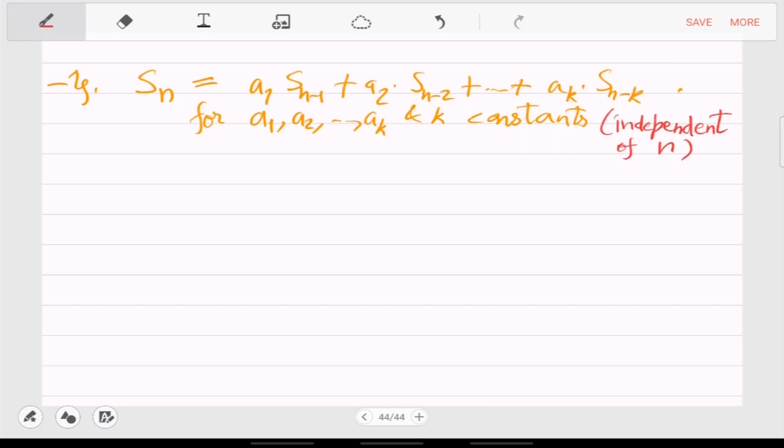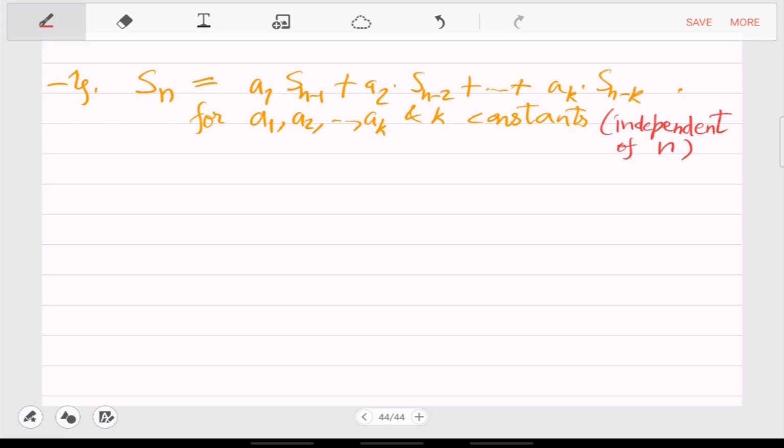For constant, there has to be a contrasting variable. In this case, the variable is n. So you can take n to be anything given a1 dot dot ak and k. Like you can take k to be 100 and you can take a1 to ak to be any integers, and after that the recurrence holds for any n.